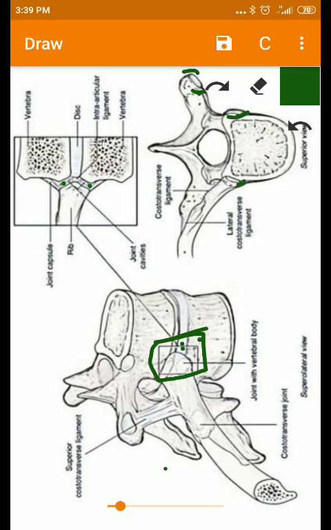And the ribs from 2nd to 10th form costovertebral joints with two adjacent thoracic vertebrae. But the first, 11th and 12th ribs articulate with only one vertebra. The intra-articular ligament is seen from 2nd to 10th. So these things you have to note in these costovertebral joints.